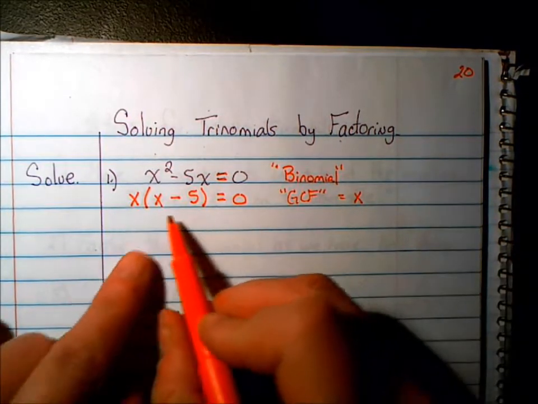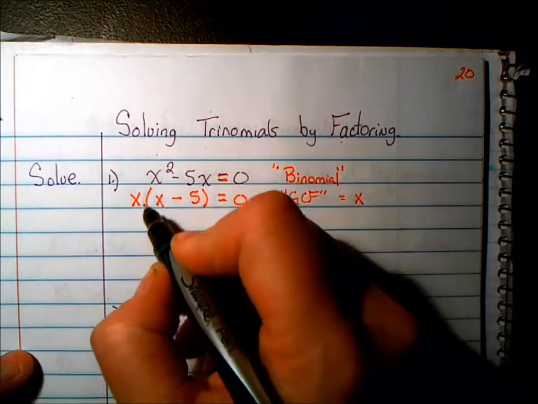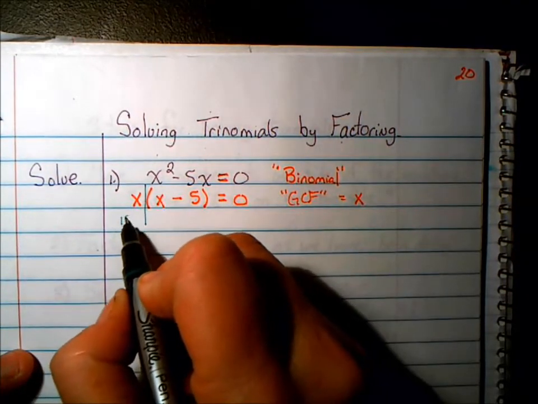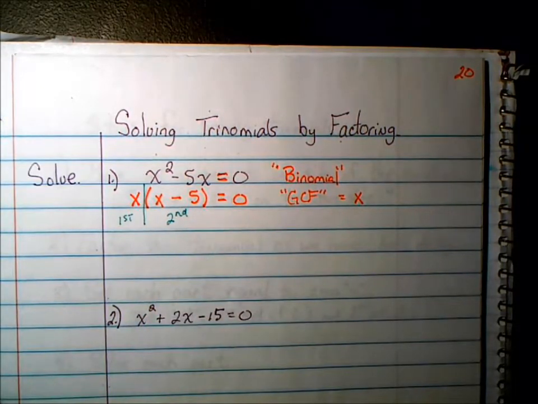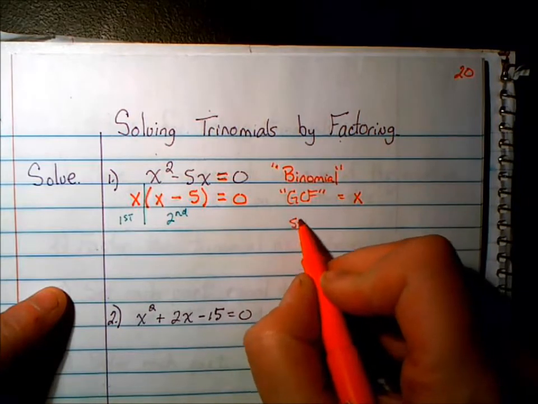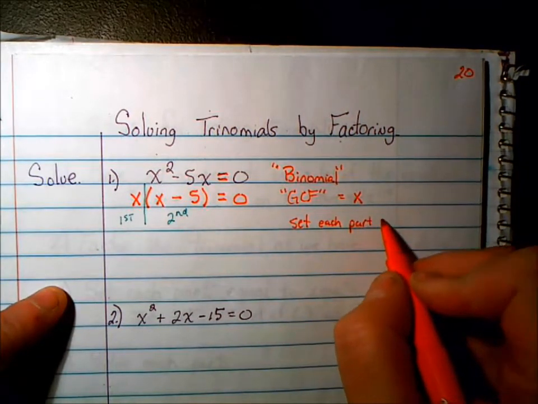At this point, this is split into 3 parts, where if I imagine this being your first part and this side being your second part, we're going to set each part equal to 0.